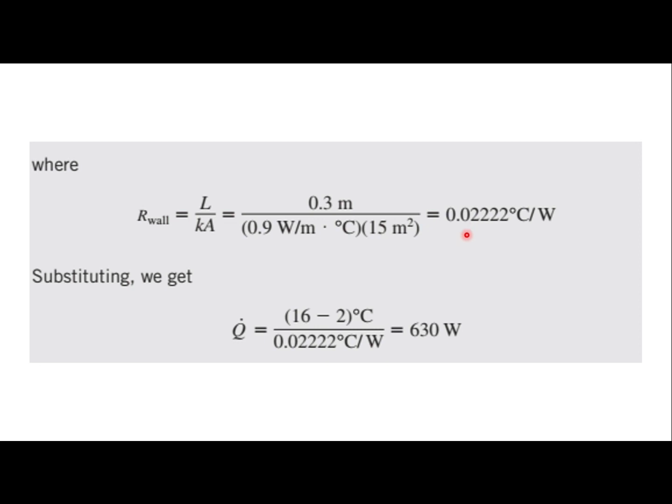After substituting this value into the equation we get the same answer, 630 watt, as the rate of heat transfer through that wall. So this is a problem which we solved in two different ways. There are other problems as well that we can solve in multiple ways.